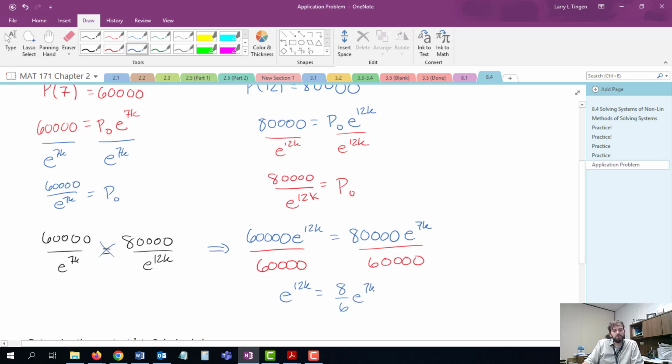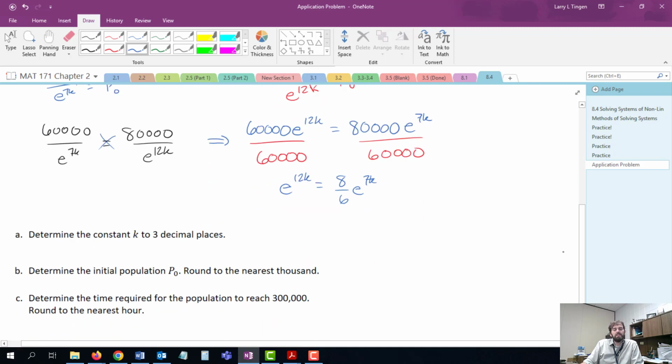I'm just reducing. And then 8 divided by 6 is 4 divided by 3, times e to the 7k. Now, I need that e to the 7k to go to the other side. It's currently multiplied by 4/3, so I'm going to divide by e to the 7k.